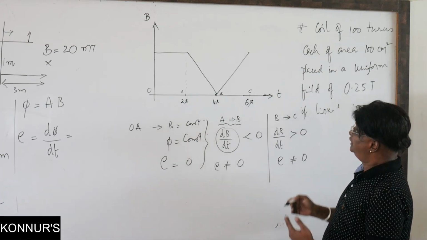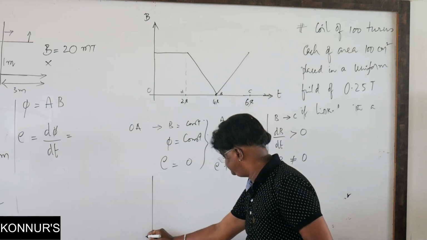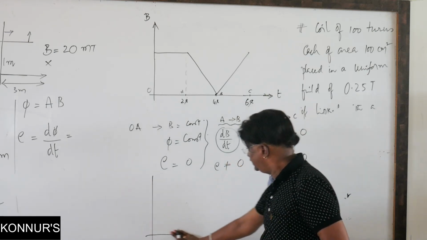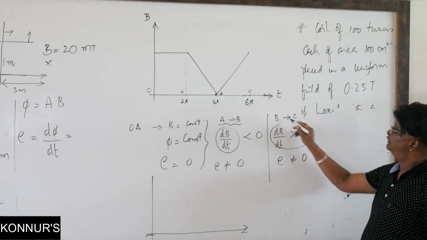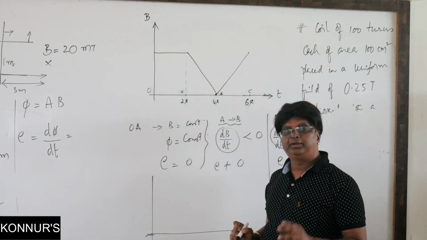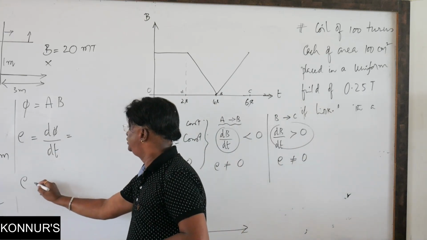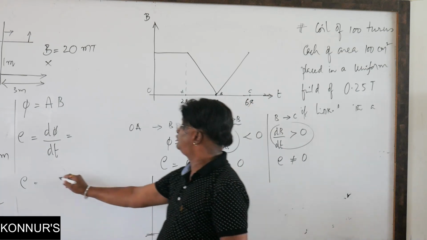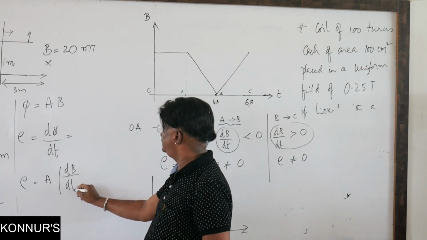And that is why, if we are writing the graph for this, how is that? Remember, there is a dB by dt which is constant. Here from B to C or from A to B, dB by dt is constant. What was our definition? E is equal to A times dB by dt.